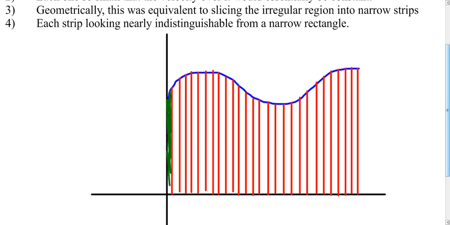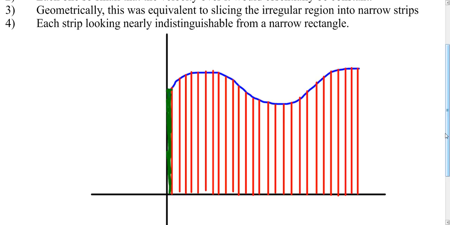They divided it into tiny, tiny intervals, and they basically thought about each as a rectangle. Now you can find the area of a rectangle, right? And I can find the area of each rectangle that's underneath that curve. And if I add each of those rectangles up, it should give me the area that's underneath that curve.